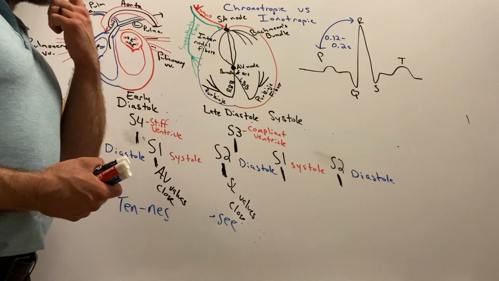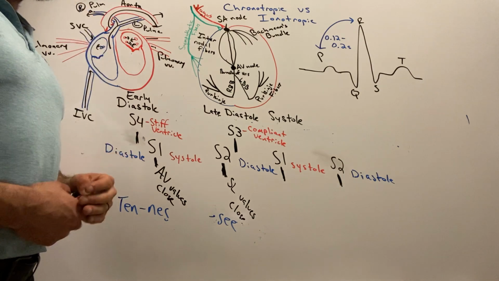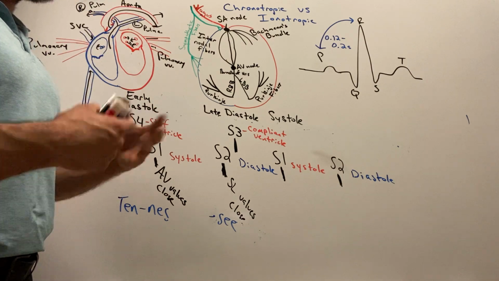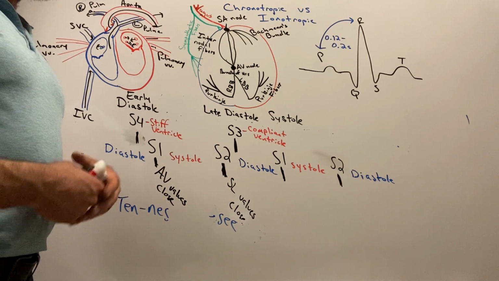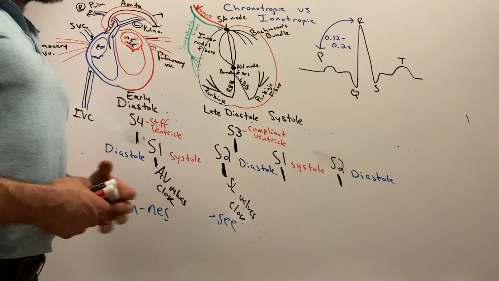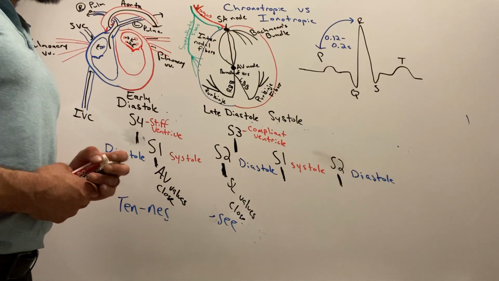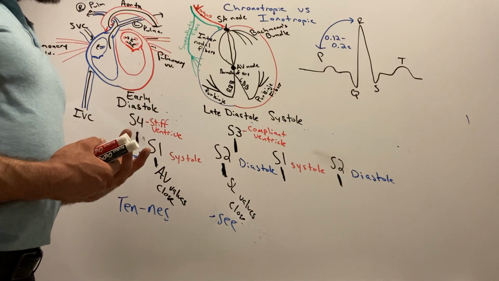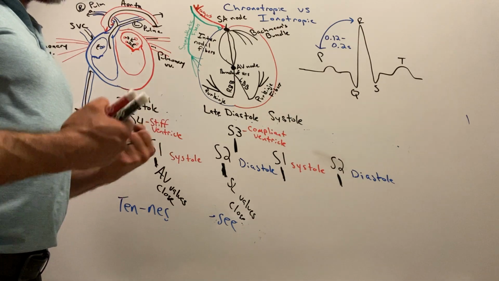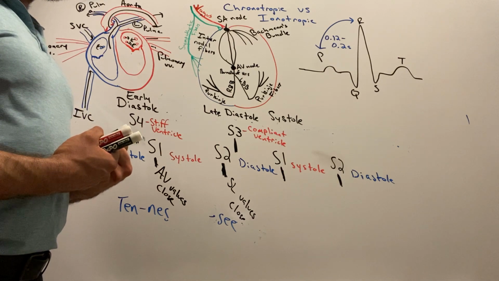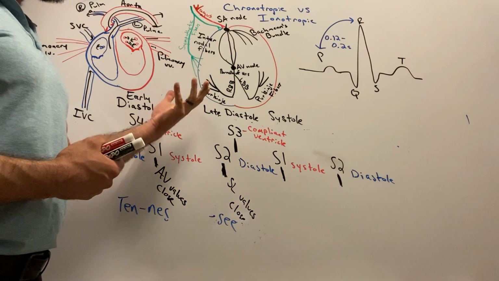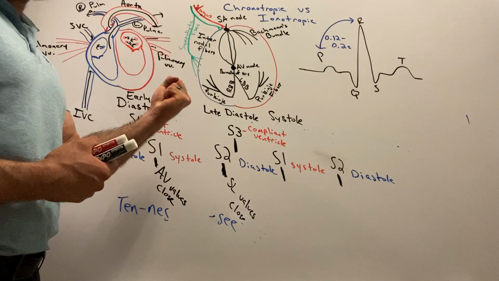Remember, all the cells in the heart have sodium channels, calcium channels, and potassium channels. We're not going to go over all those details, but inotropic means those ions move more efficiently. It's the best way of explaining it. So inotropic effects mean the heart's going to contract harder.